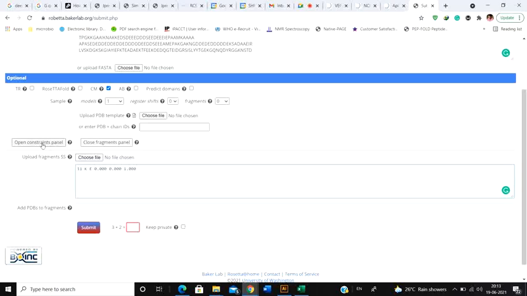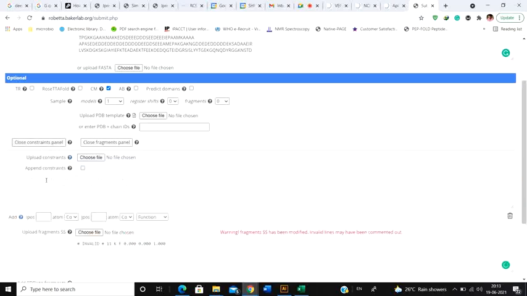And you can also upload the constraint panel. What is the constraint panel? In the constraint panel, suppose I already know using NMR that these atoms are connected to one another. This particular atom is connected to this atom, whereas this atom is connected to this atom.